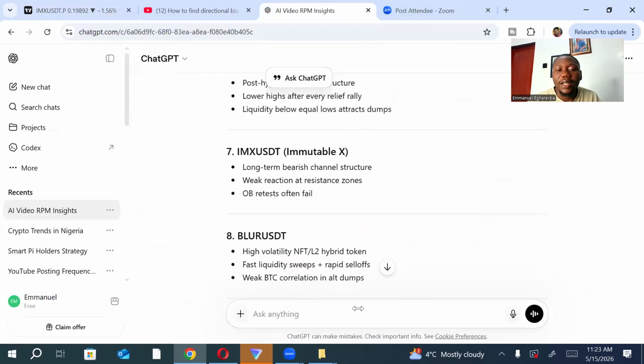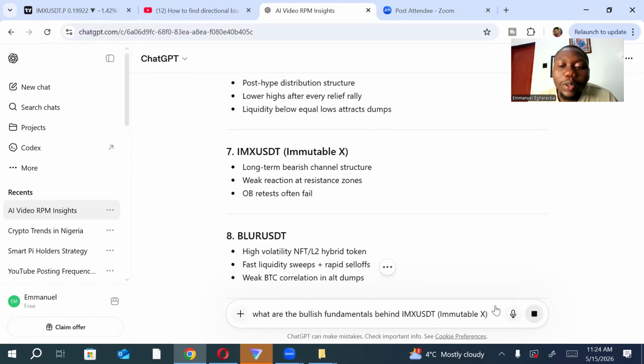Now let's go to ChatGPT and ask it what are the bullish fundamentals behind IMX, or we can just copy this. What are the bullish fundamentals?